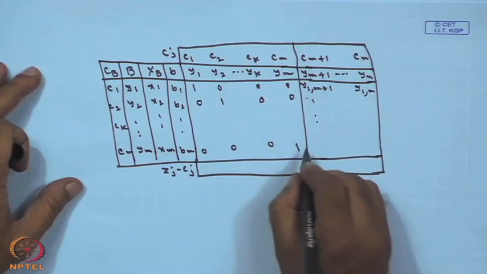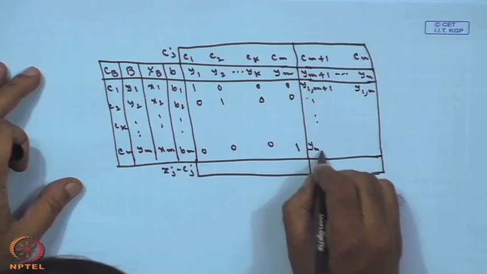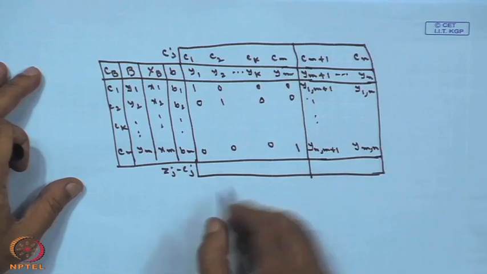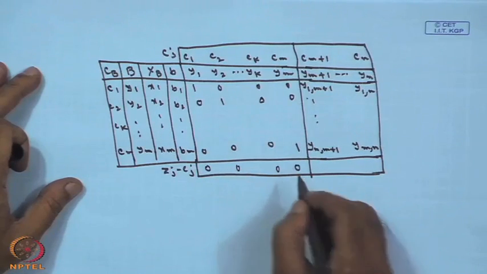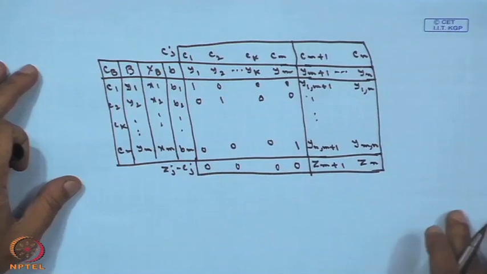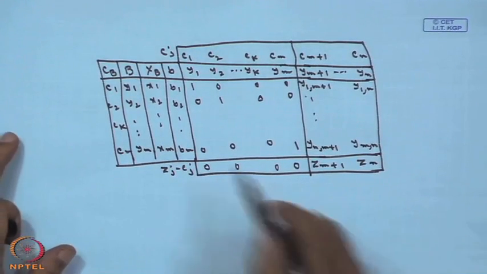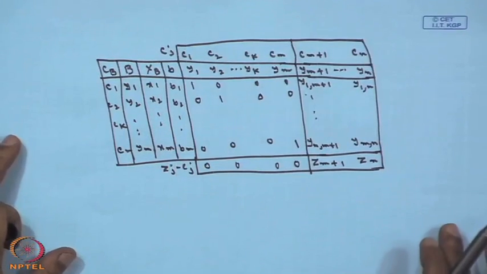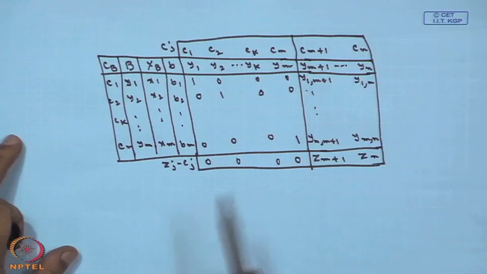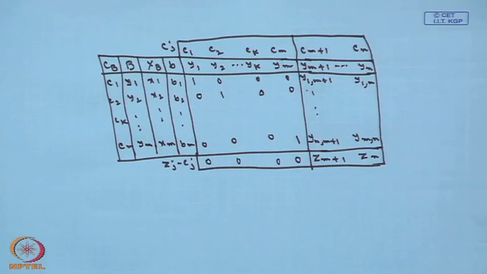Similarly the last line I am writing, that is ym m+1 and ymn. These values have become 0, but they have some values, say zm+1 to zn. So here x1, x2, xm are the basic variables, and the remaining n minus m variables, that is xm+1 to xn, are non-basic variables.